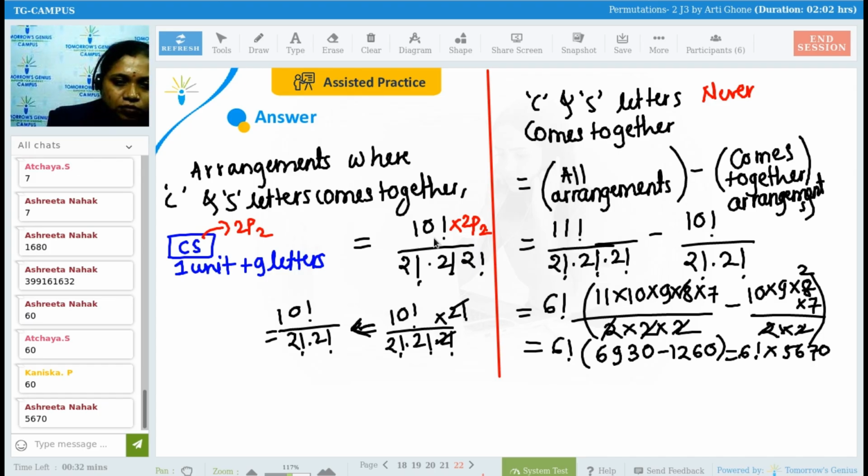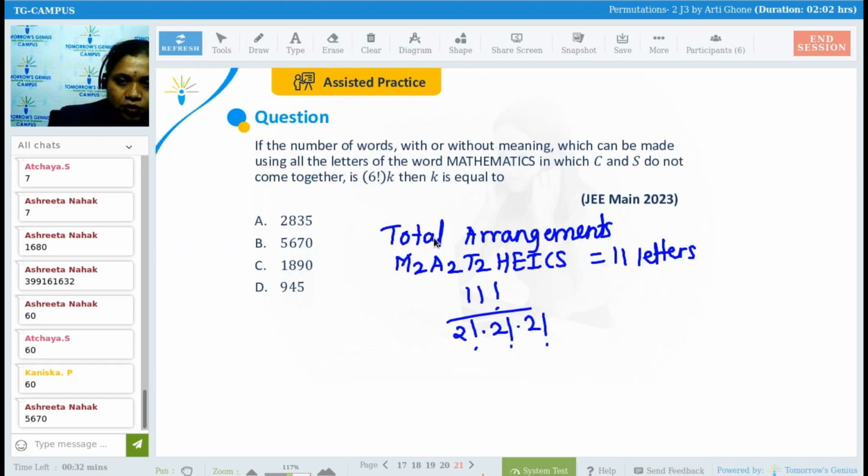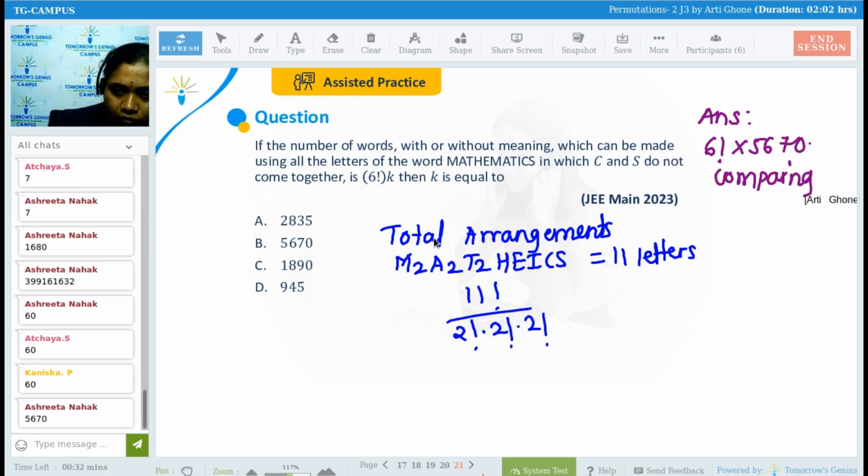Where should I write down the answer? So the answer is... what is my final answer? 6 factorial into 5670, comparing with 6 factorial into k. What is the answer of k? K is equal to 5670.